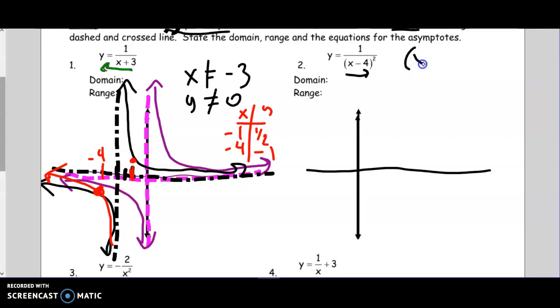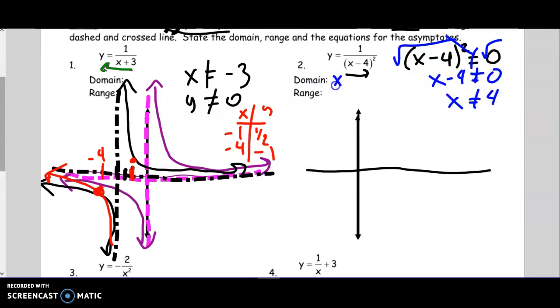It's not obvious, and sometimes it's not going to be, so you set just your denominator equal to 0 and solve it. We take the square root of both sides: x minus 4 is equal to 0, so x cannot be 4. That's my domain, and that is also where our vertical asymptote is.